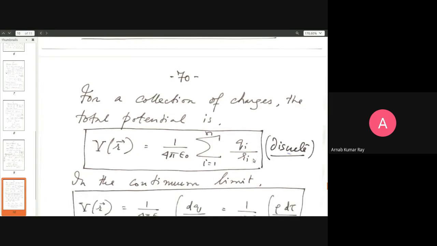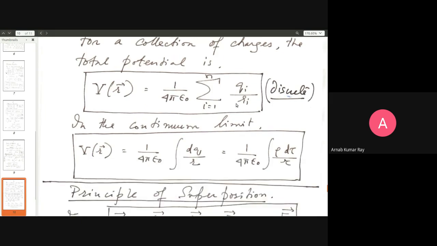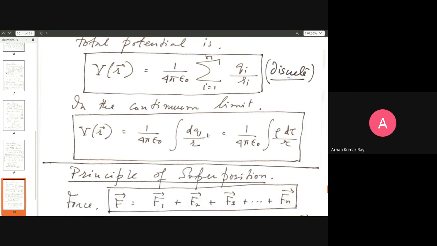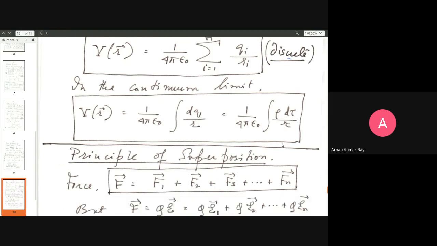So Qi by Ri is a discrete summation. In the continuum limit, you change the discrete summation to 1 by 4 pi epsilon naught integral of dq by R. And what is dq? I hope you have not forgotten that. Rho into d tau by R.